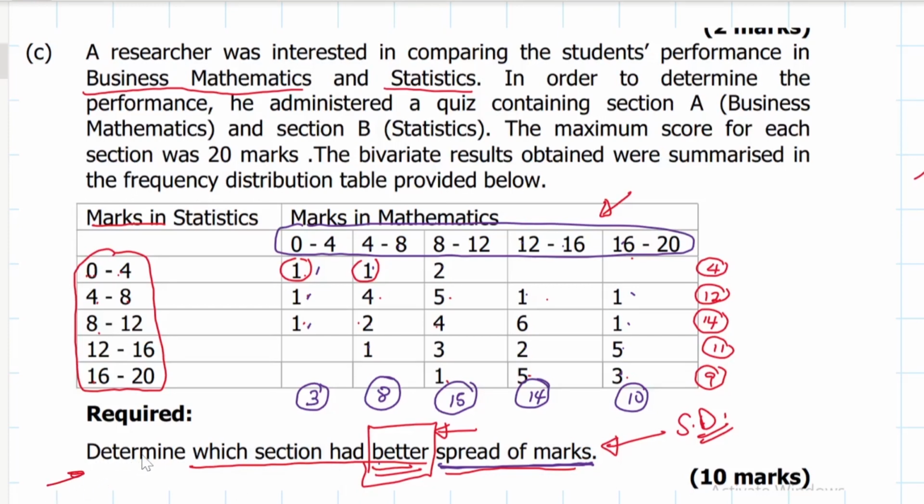The question says determine which section had better spread of marks. I think this word is really vague. Maybe they should have just said bigger spread, or a wider spread, something like that. But anyway, we've gotten what the question requires, so let's get started.